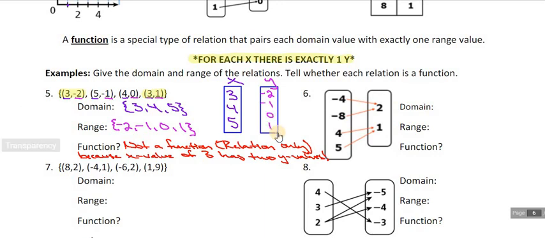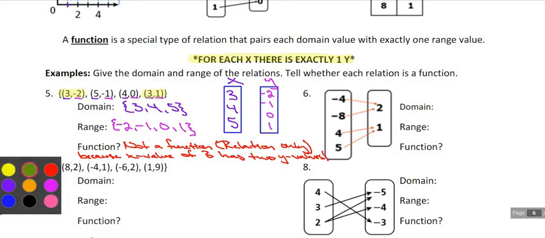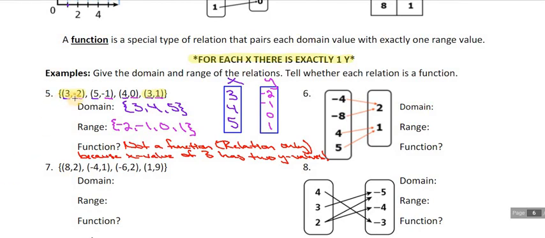And now when we do our mapping, I like this one because it's not straight across. Positive 3 goes to -2. Okay, so there's our first one. Then we've got positive 5 goes to -1. So 5 goes up here to -1. 4 goes to 0.